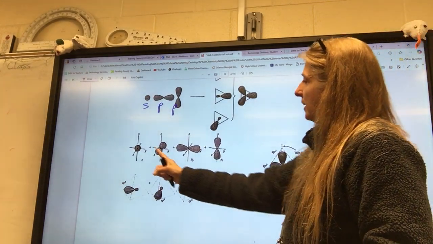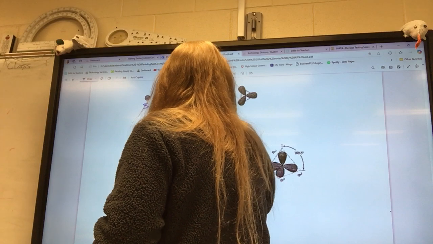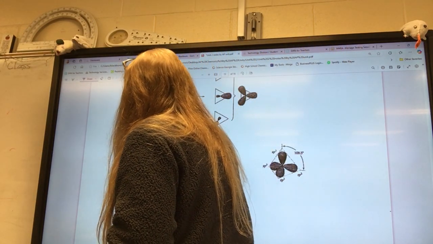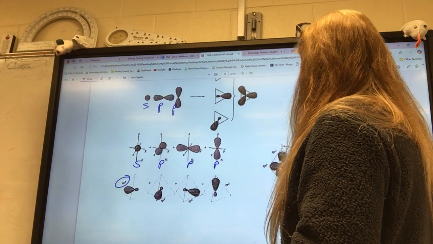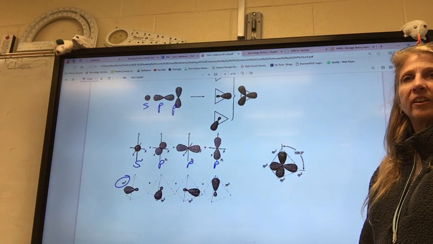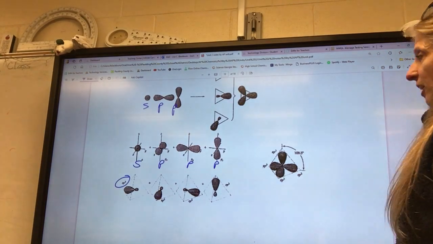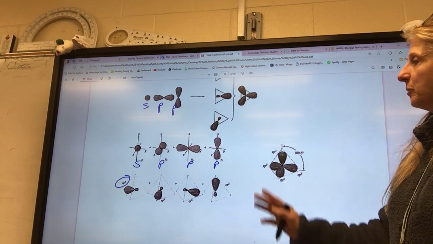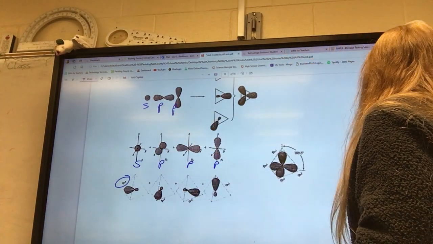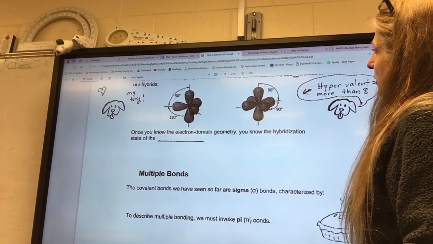Here we've got an S, a P, and a P. They get mixed into sp3s, and then that's what it would look like. So do you understand these drawings a little bit? Good. Can I scroll? I didn't really write anything new. It was already on there. I labeled those. That was new. That was it.